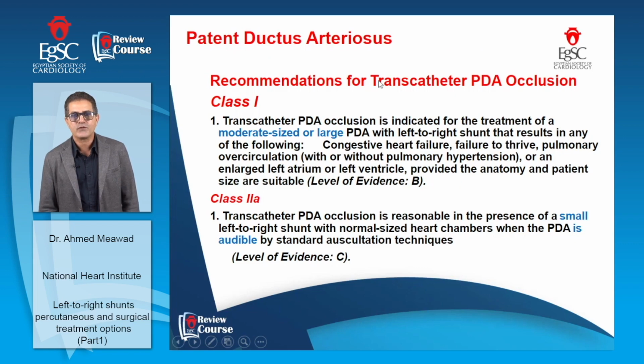The recommendation for transcatheter PDA closure: class 1 is a moderate size or large PDA with left-right shunt, which may cause symptoms like congestive heart failure or failure to thrive, or that cause left side dilatation with or without pulmonary hypertension. Class 2A, if it is small and audible.